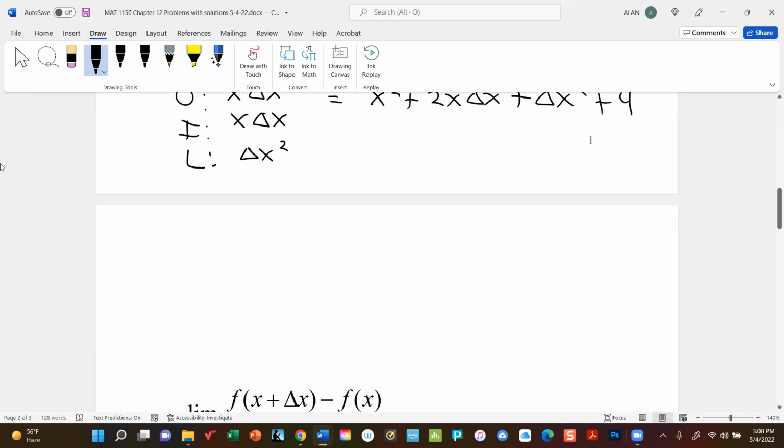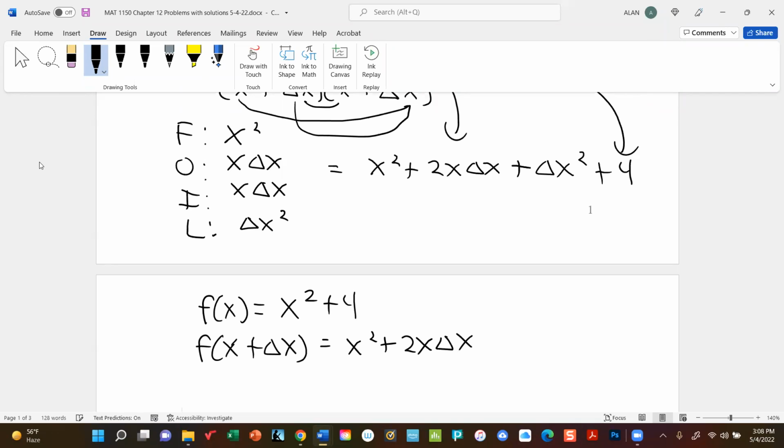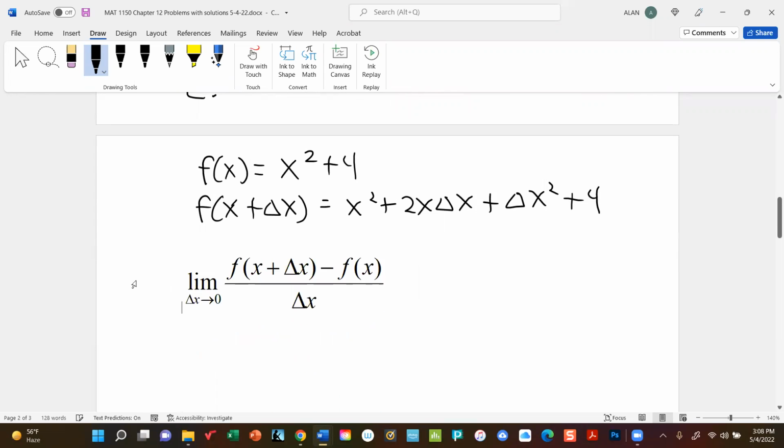All right, so once again, f of x was originally x squared plus 4, and f of x plus delta x is x squared plus 2x delta x plus delta x squared plus 4. So in this limit formula, we're basically just taking the difference of those two.